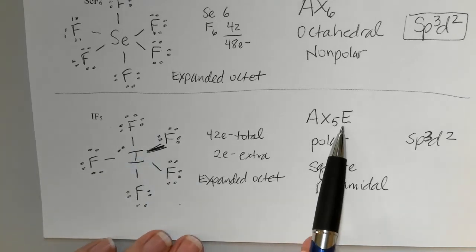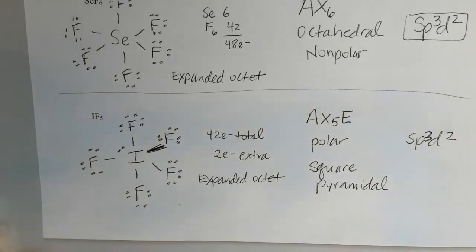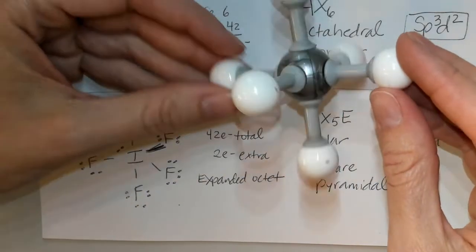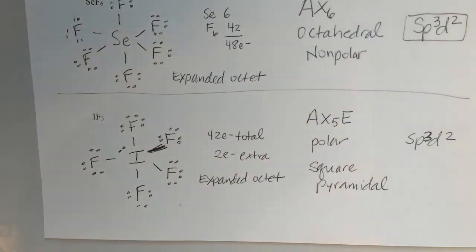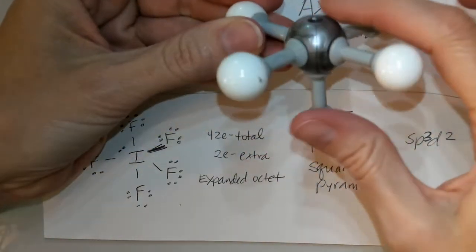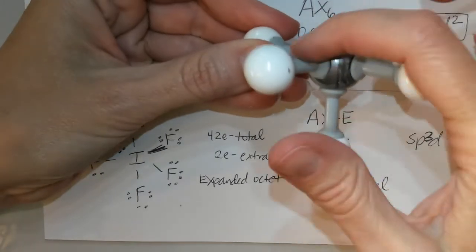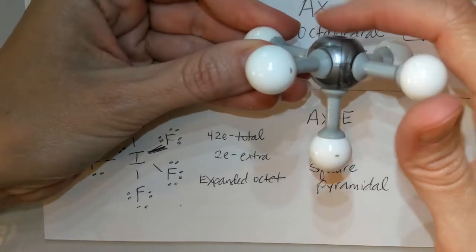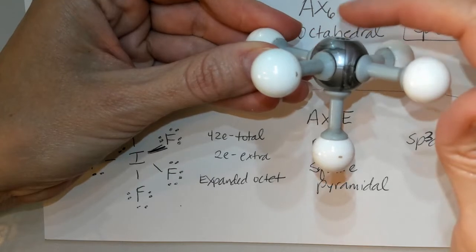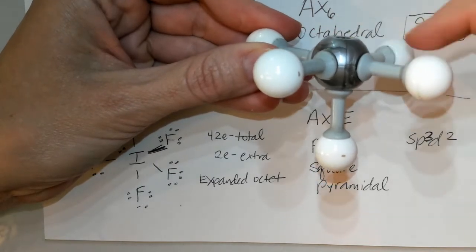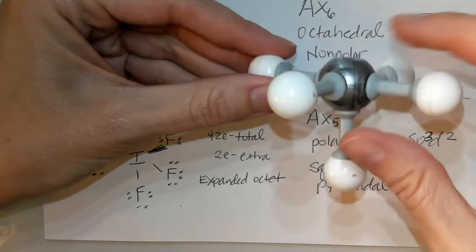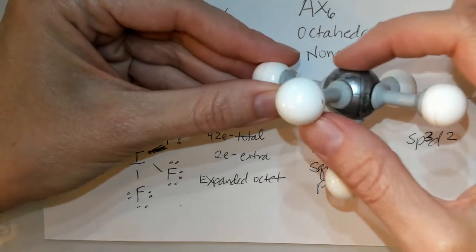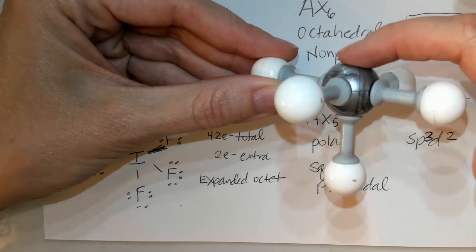Because of that lone pair, one of these bonds now just becomes a lone pair, but there are still electrons repelling the bonding electrons. So we still have that main octahedral shape, but this is a lone pair rather than a bonding pair.